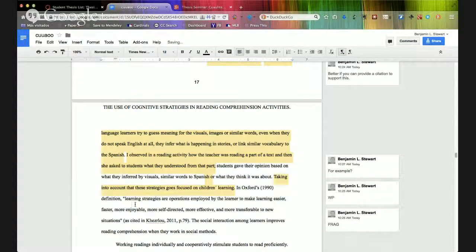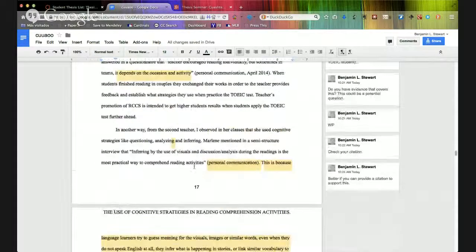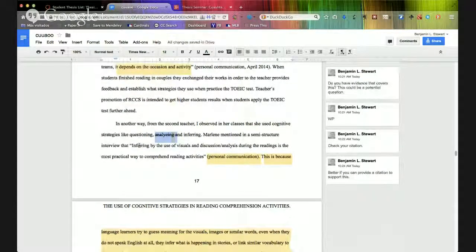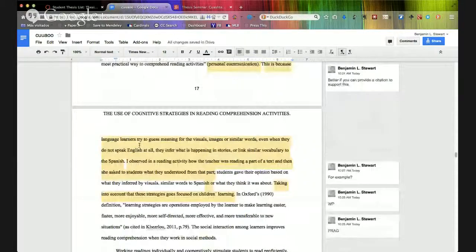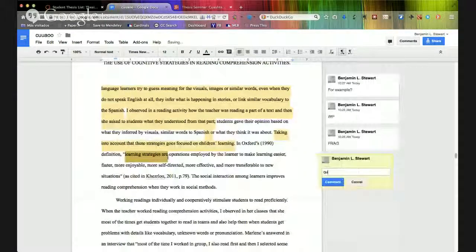Now, learning strategies. Here you mentioned learning strategies, but why not mention that questioning and inferring are operations? Paraphrase this, but instead of talking about learning strategies, because the body paragraph talks about inferring and questioning. That's it. So here, talk about questioning and.